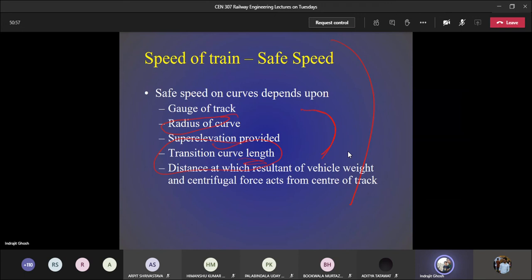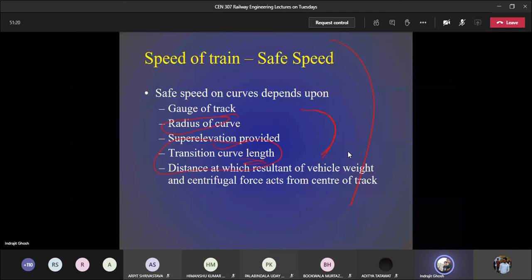And the other one is the distance at which the resultant of weight and the centrifugal force acts from the center of the track. Earlier we were only mentioning whether it is working perpendicular to the rail section or not. Now it is saying one more thing, the distance at which the resultant is going to work.